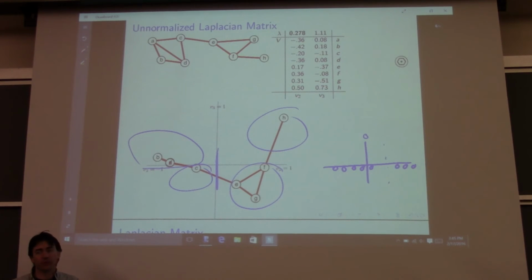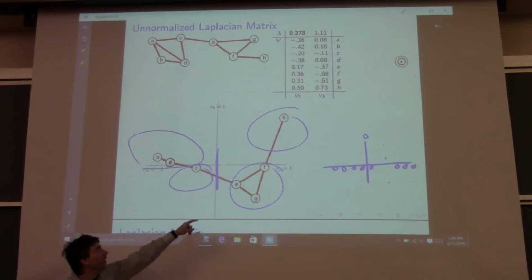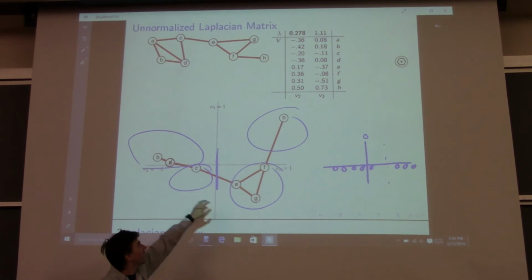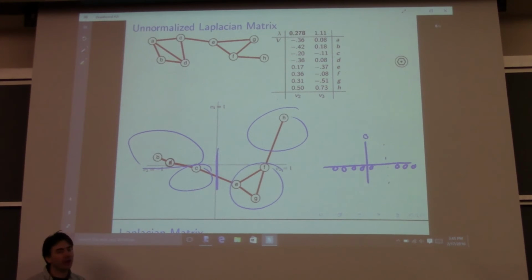If I was forced to go into 4 clusters, this seems like a pretty reasonable thing to do. One, I wanted H off by itself, and if I had to split this side, C is kind of connected to E in some way, so it's much less tied to that other part of the subgraph.